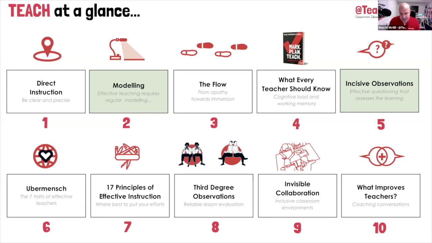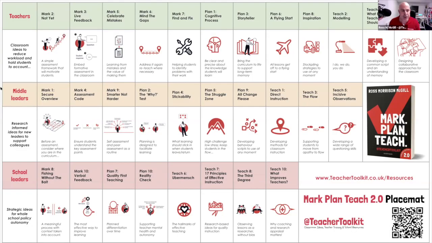So all those ideas, everybody, I've redesigned them into a placemat. There's a QR code in the bottom right-hand corner. If you're a teacher watching, in that top line, the green bar, are all the ideas that are very applicable for teachers. And many of the ideas today I'm going to touch upon in this area. If you're a teacher in charge of other people, so a middle leader working in a school or college setting, then that middle row will suit you.